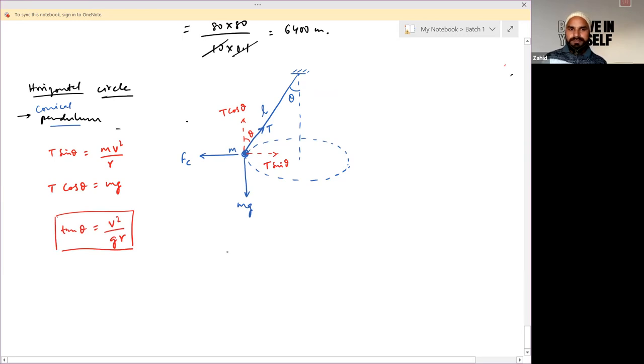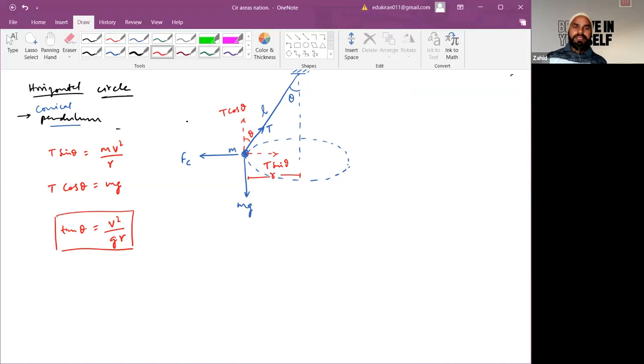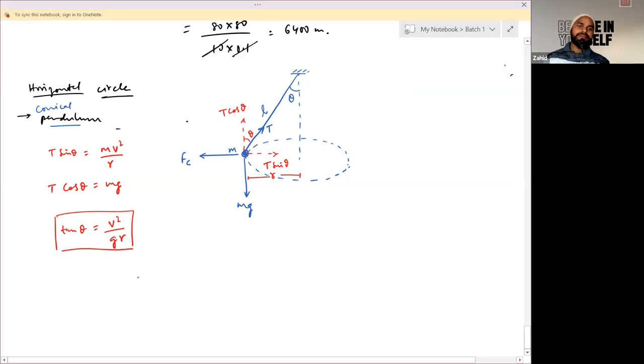Is it clear? Yes, sir. Now let's say radius of the circular path from this point to this point is r, and we have to find its time period around this motion.